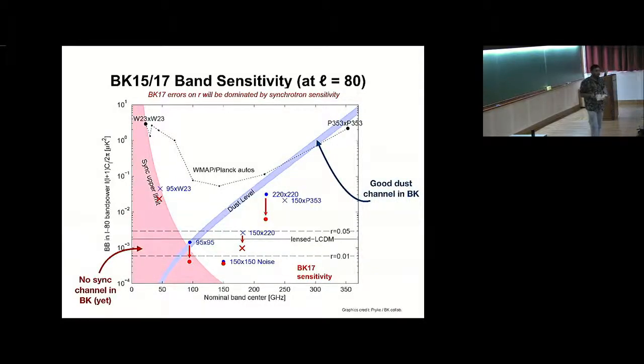In the BICEP patch, with the 220 gigahertz receivers and cross-correlating with Planck high frequency, there is a very decent measurement of dust. And so there is a sensitivity line that you can get with some error bar. Synchrotron has not been measured in that sense by BICEP Keck, because we just didn't have a low frequency channel to capture the synchrotron, and therefore it's just an upper limit.